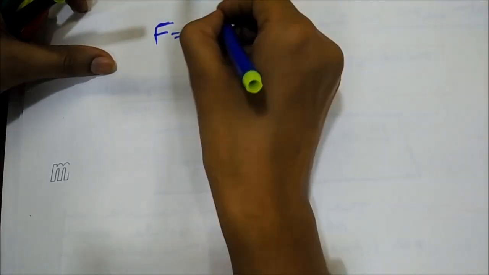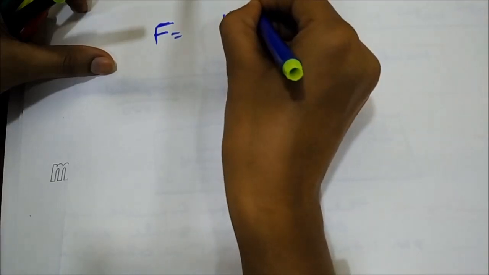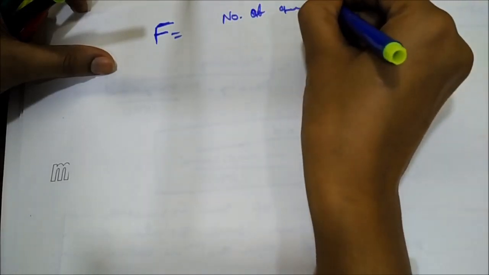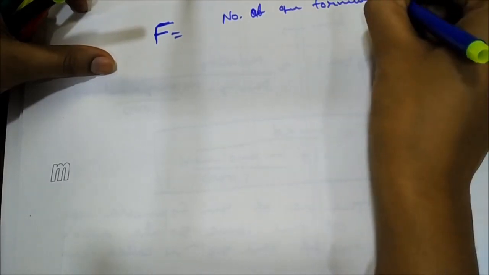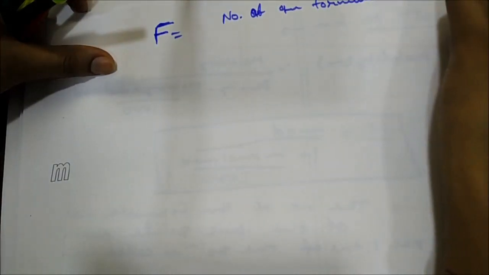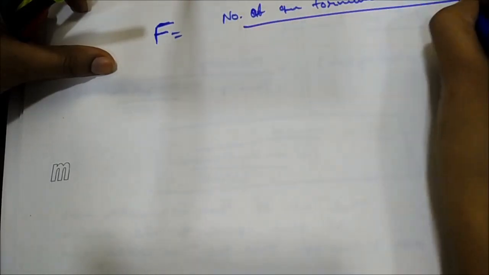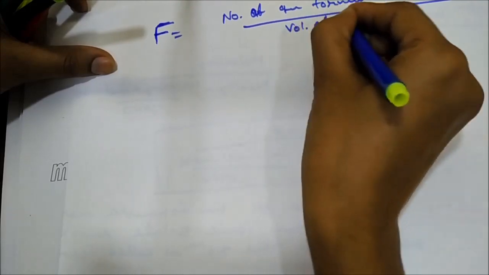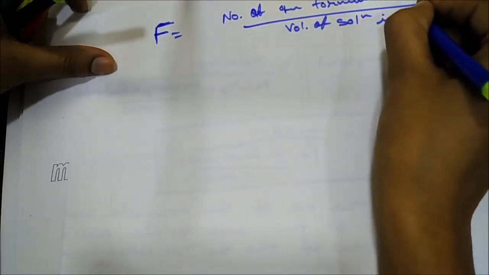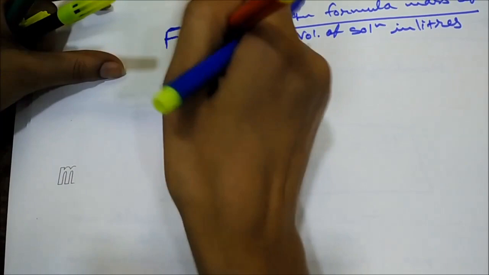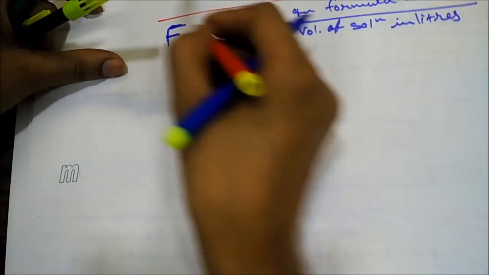The formula for calculating formality, expressed in terms of F, is: F will be equal to number of gram formula mass of solute divided by volume of solution in liters. So this is the formula for calculating formality.